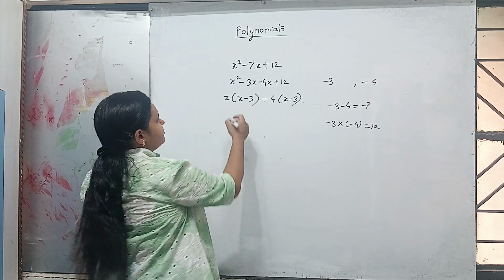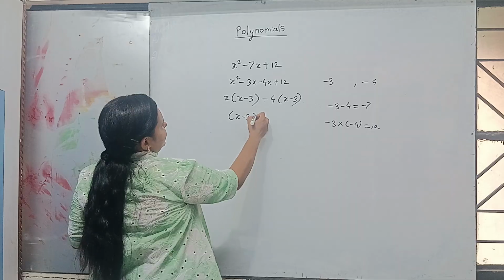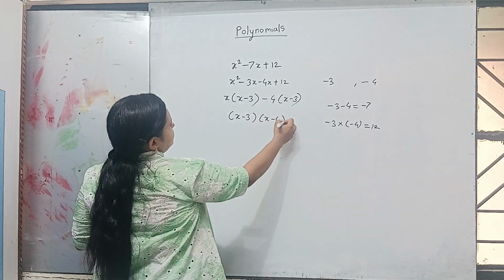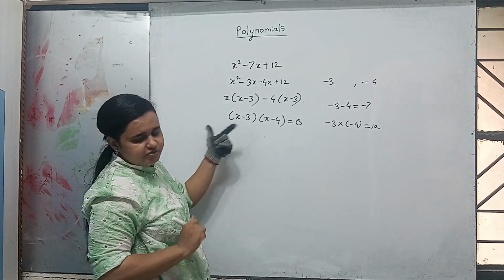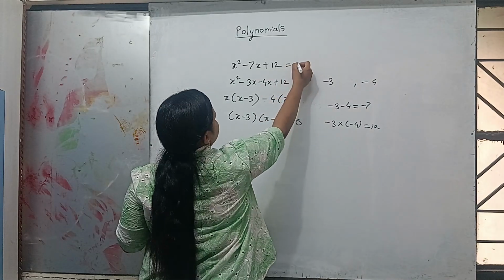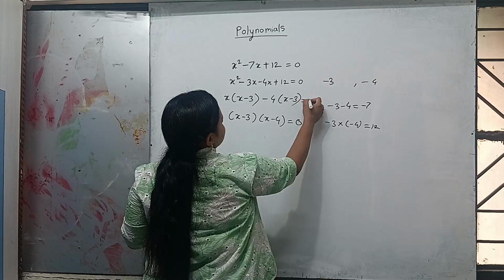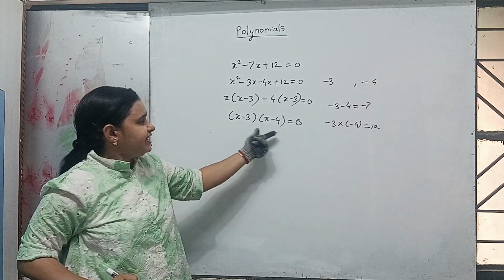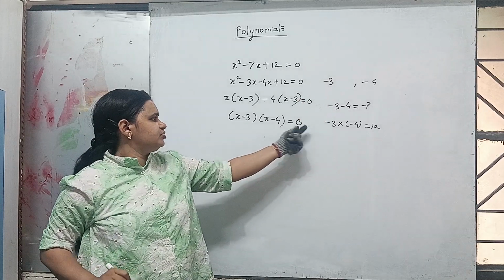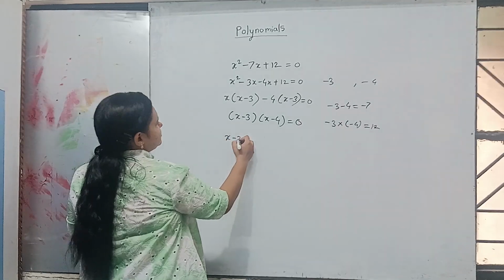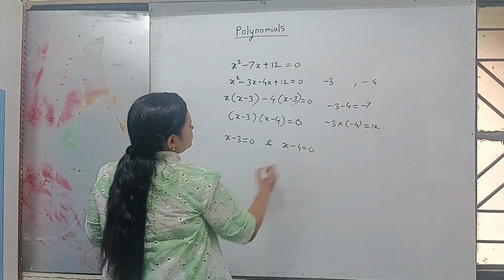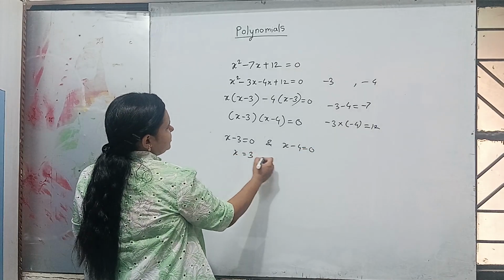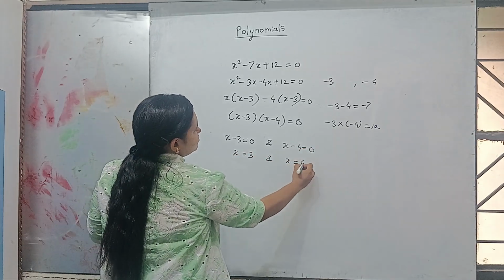It is same. So what will be? (x minus 3)(x minus 4) equals 0. We have to find the zeros of this polynomial, so we have to equate it to 0. So x minus 3 is equal to 0 and x minus 4 is equal to 0. So x will be 3 and here x will be 4.